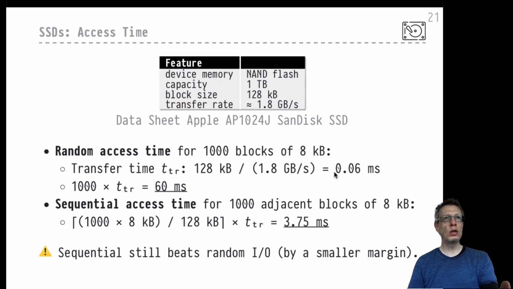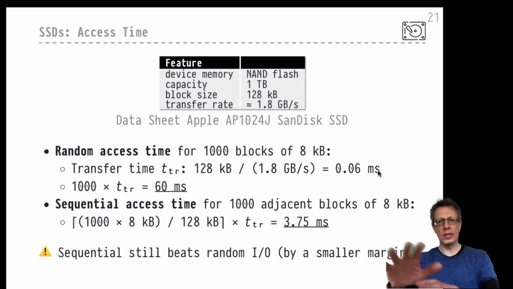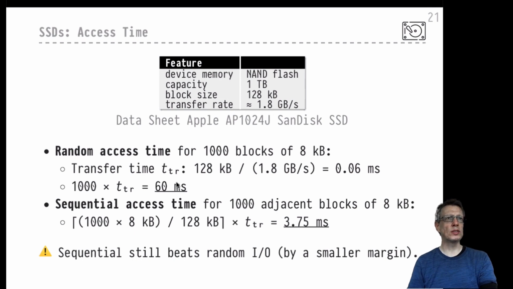So that would be 0.06 milliseconds per such a read-write access. We need 1000 of these because they are distributed randomly in memory space on my SSD. So this times 1000 means 60 milliseconds of random access time. Compared to 5.45 seconds for the HDD, that's quite an improvement.